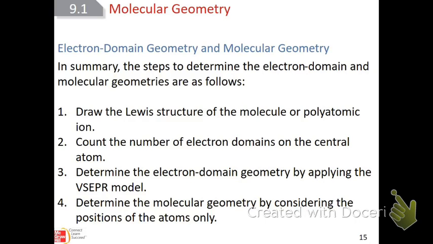Then you're going to consider that chart that's on page 369 and what the VSEPR model says, this is a breakdown of what the VSEPR model says based on how much those electrons are going to repel each other. And then, what is the overall geometry of the molecule going to be?